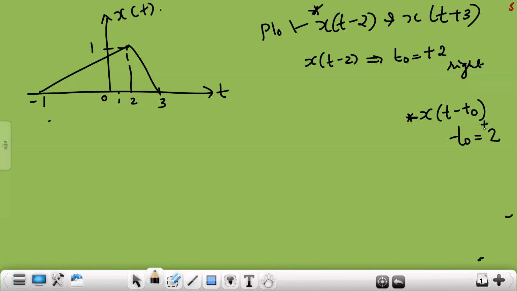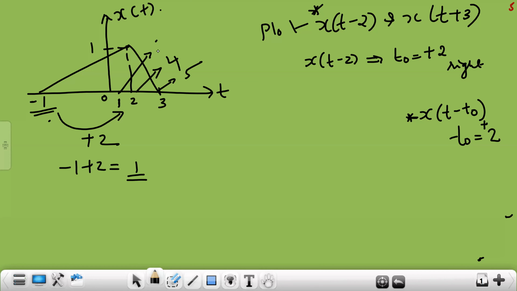So this minus 1, after shifting towards right side by plus 2, will come at 1, because minus 1 plus 2 is nothing but 1. Similarly, this will appear at 5, this will appear at 4, this will appear at 3, and this will appear at 2. So rearranging the same signal, we can plot as shown here.